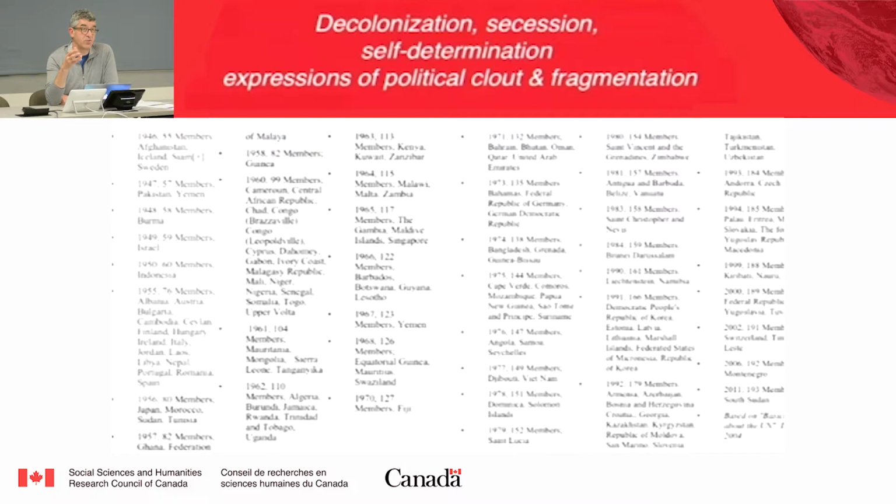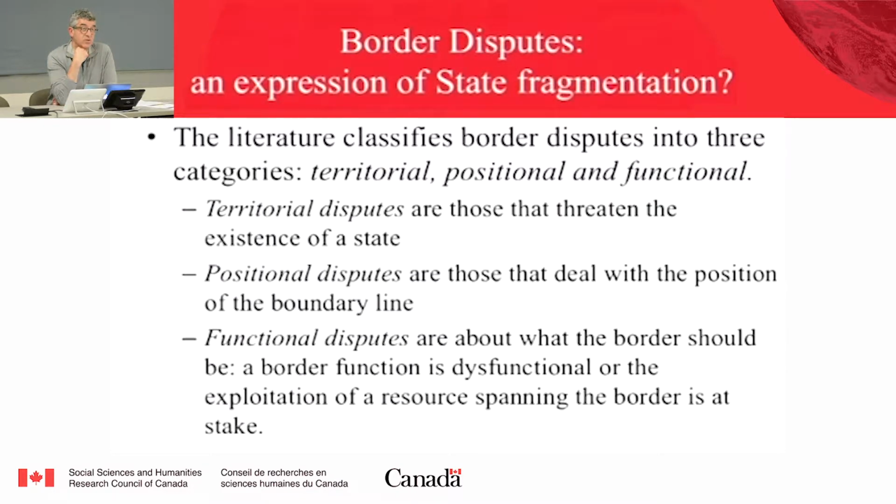I talk about the expression of political clout and self-determination, because these are the words that are used in the literature, but the communities that want this independence in some cases have to be so determined that some kind of violence appears very regularly. So it's not all of them, but it's not uncommon, and to this day it's still the case. I'm going to go into the details now a bit more.